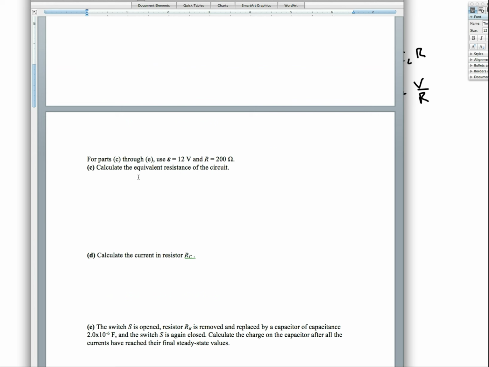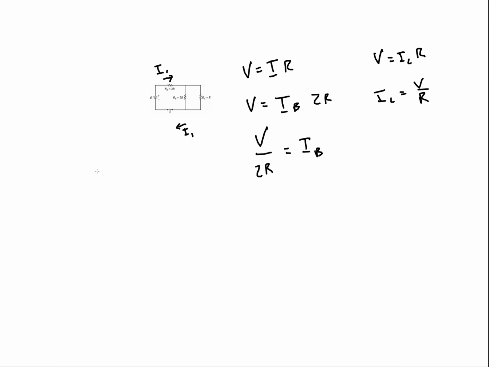Okay, so now they tell us that our EMF is 12 volts, and R is 200. So I'm going to write these over here: E is 12 volts, and R is 200 ohms. The first thing they want us to do is calculate my equivalent resistance for this circuit.